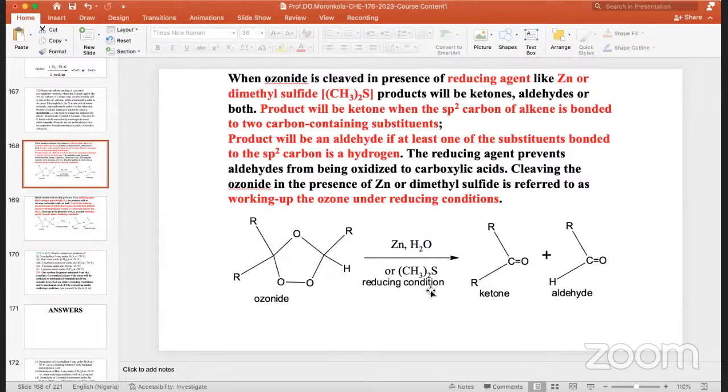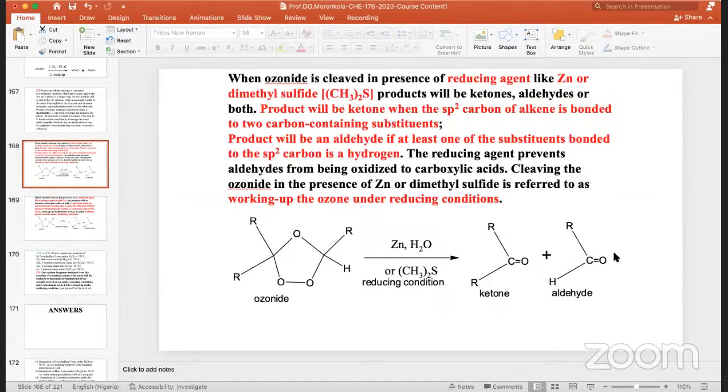The main difference, as we go through the slides together, is that with a reducing condition, it depends on the structure of what you started with. Over here, this carbon does not have any hydrogen, whereas this carbon has hydrogen. For the carbon that has hydrogen, after the break of the ozonide, you will have the aldehyde, and it stops there.